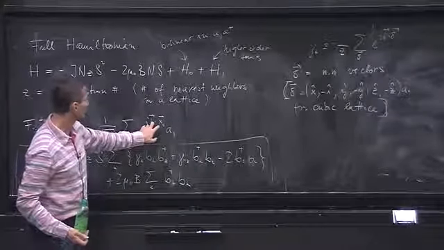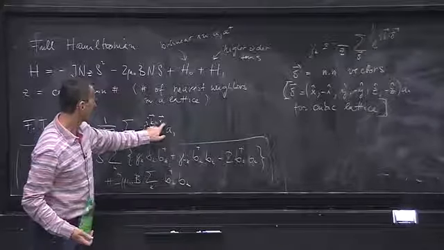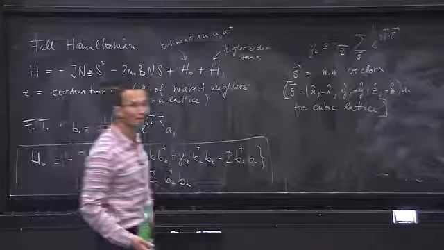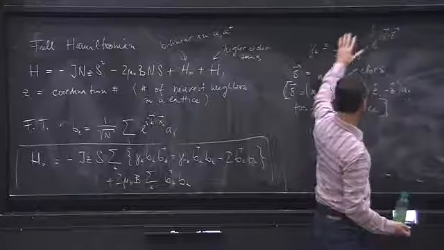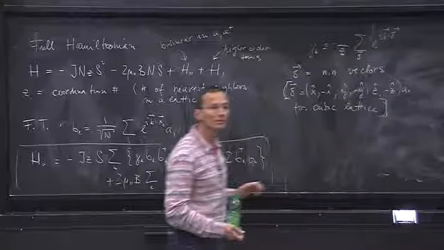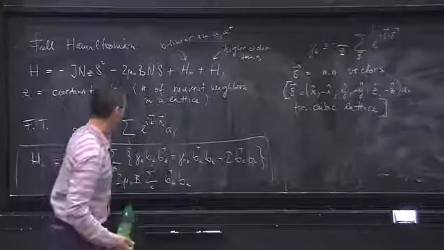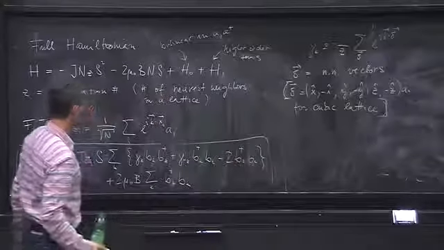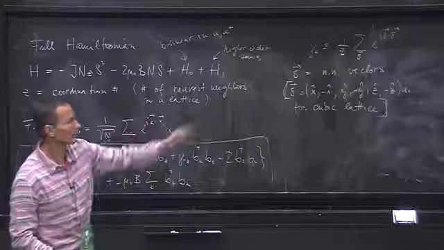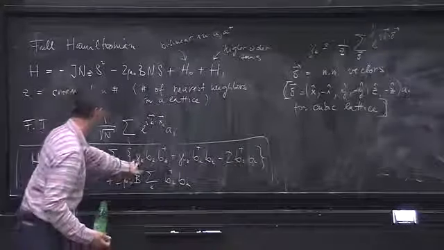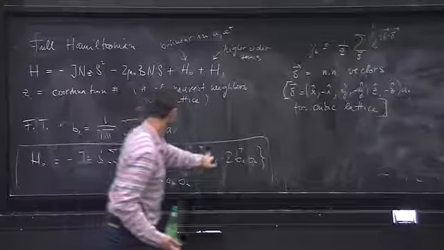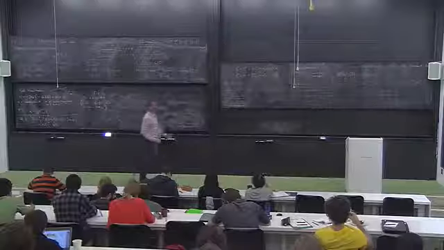But of course, their positions differ. x i and x j differ exactly by the nearest neighbor vector, and that's where this gamma arises, right? And so here, when I take care of all those terms, I would get this gamma k b k, b dagger k, and so on.